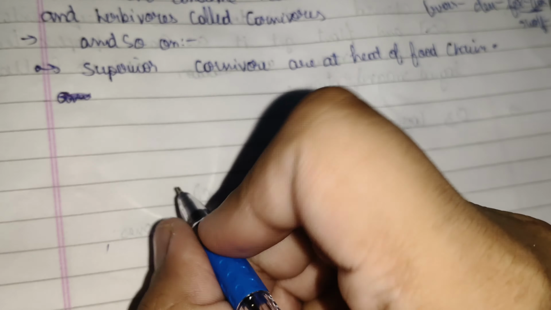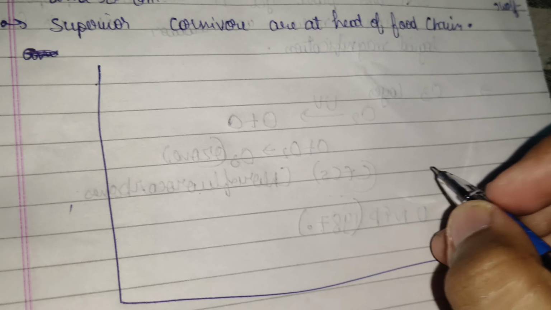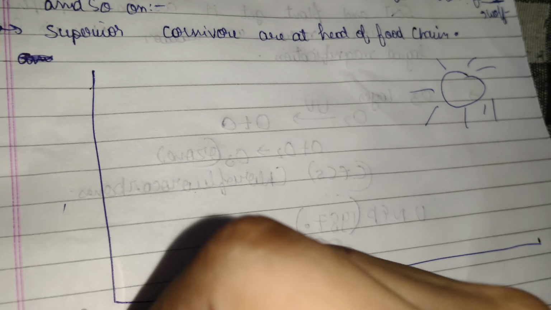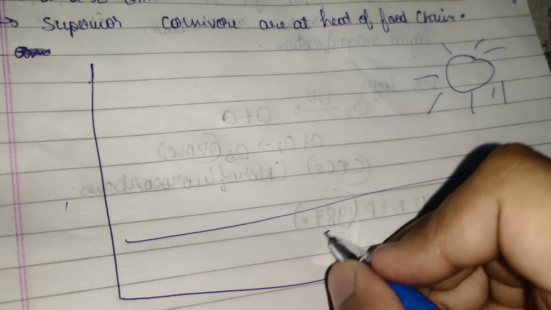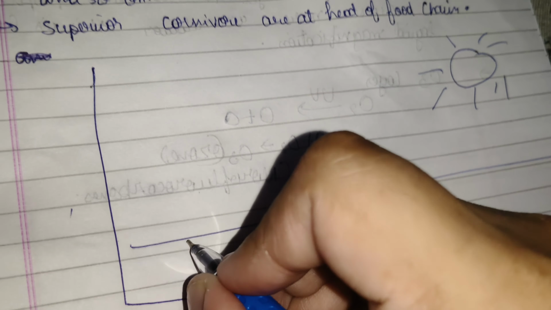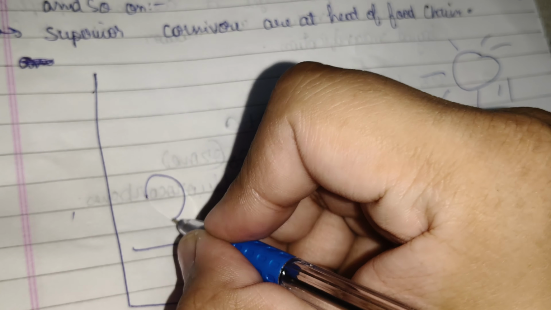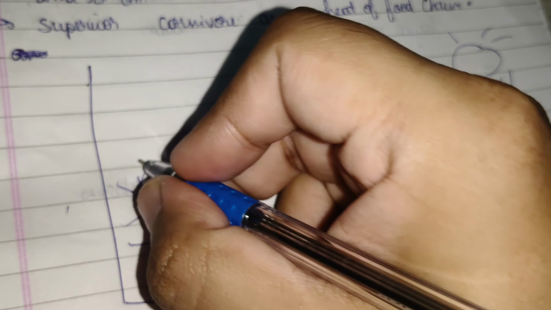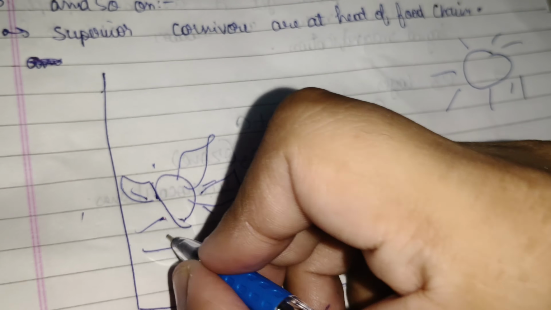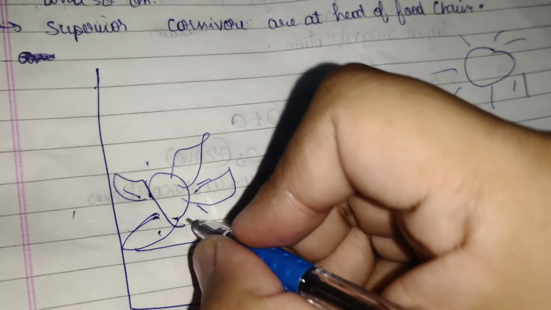If we want to make a diagram of the ecosystem that we have studied till now, here is the sun, which is the source of energy in the ecosystem, and here the soil, where minerals and substances are present for the plant, and here the plant leaf.